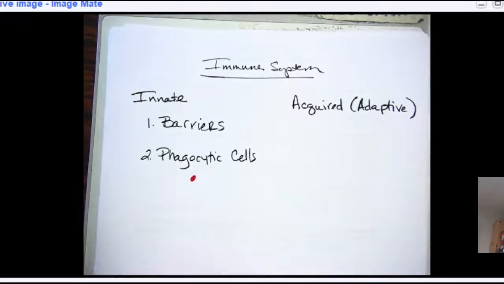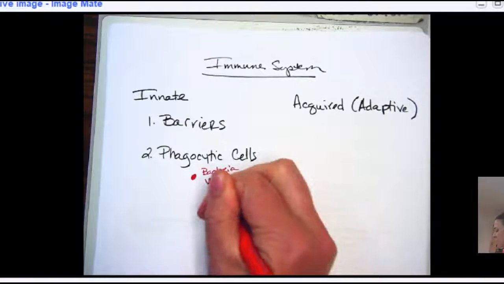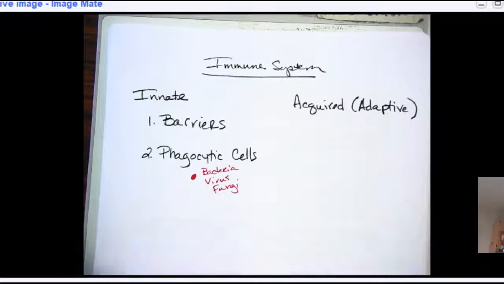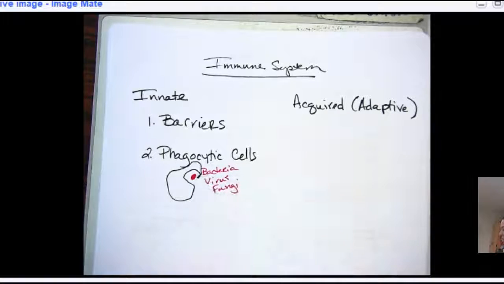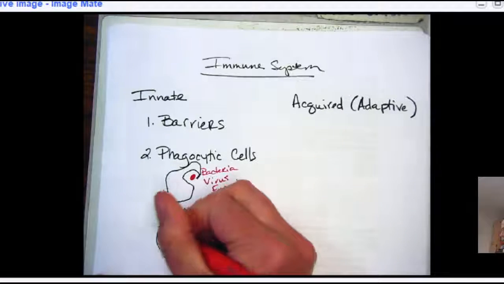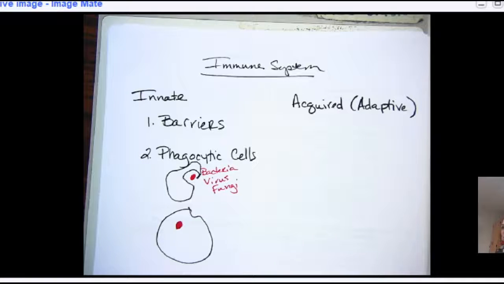A pathogen could be bacteria, virus, fungus, and the phagocytic cells will surround the pathogen. They'll bring it inside of themselves through endocytosis.